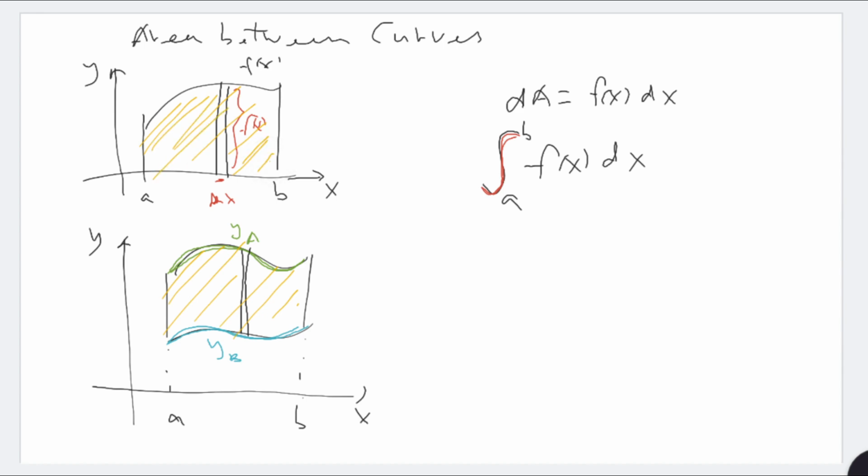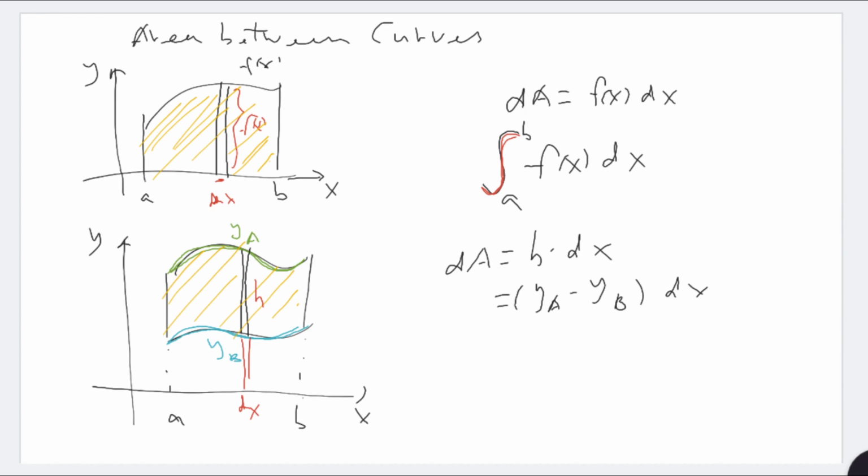Now this one strip is again approximately a rectangle. So we're going to have a height, and we're going to have the same width. So the area of this little strip is obviously the height times the width. This time, looking at the graph, the height is actually y_A minus y_B.